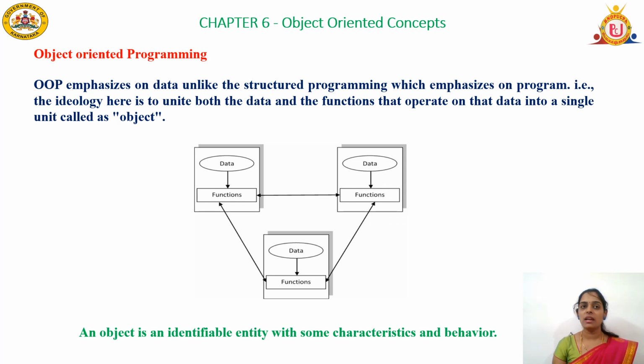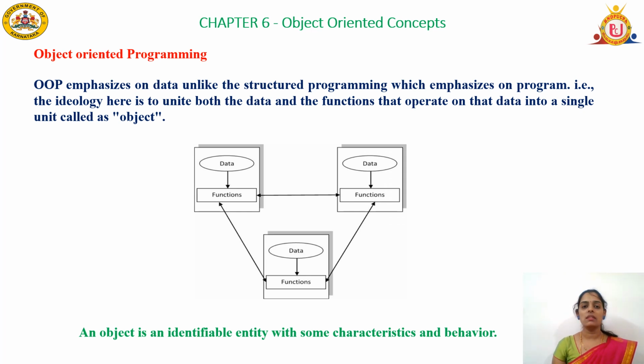OOP emphasizes data, unlike structured programming which emphasizes procedure. Here the ideology is to unite both data and the functions that operate on the data into a single unit called an object. Object-oriented programming aims to implement real-world entities like inheritance, polymorphism, data hiding, etc.